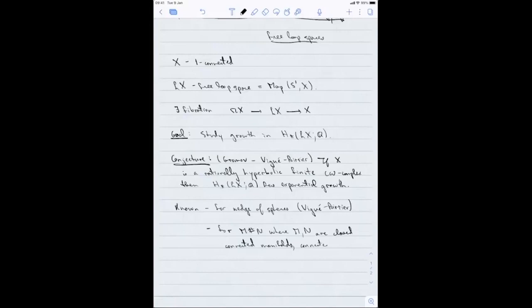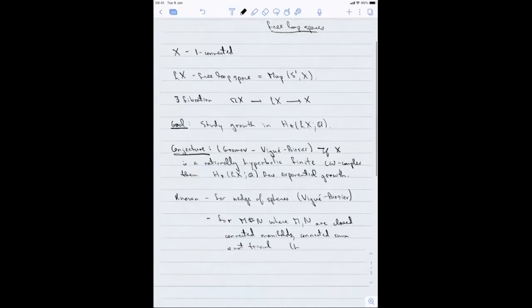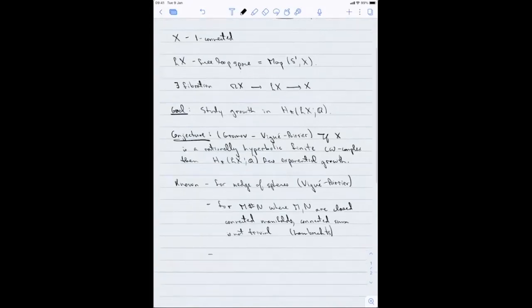So you're not taking the connected sum with a sphere. Neither M nor N is a sphere. And this is essentially due to Lambrusch. And it's known if X is coformal. And again, this is due to Lambrusch.